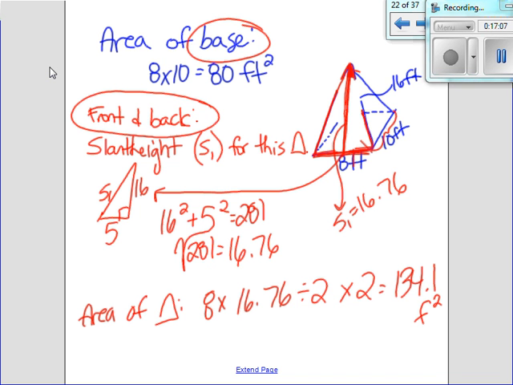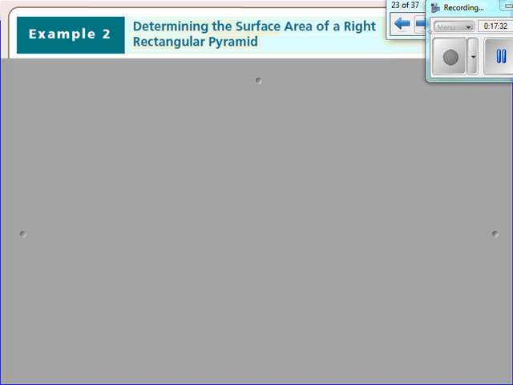Or if you drew it differently, it might be the front and back. Okay, so what I want you to do is try that one on your own. I'm going to come around and help you. Just keep in mind, now you're trying to find the slant height over here. So you've got a different section that you're doing. So let's put that on a new page. It's exactly the same process, just for the other side.